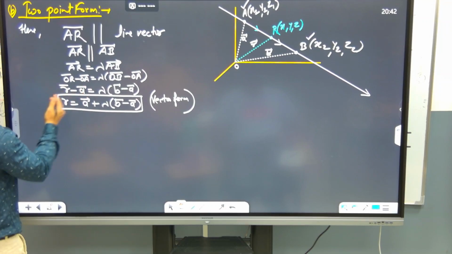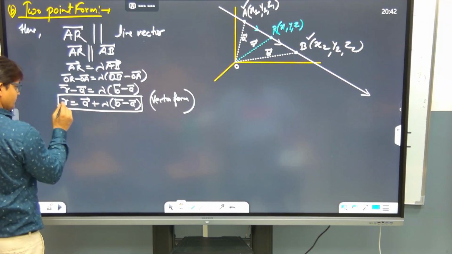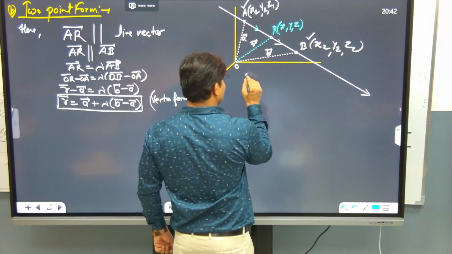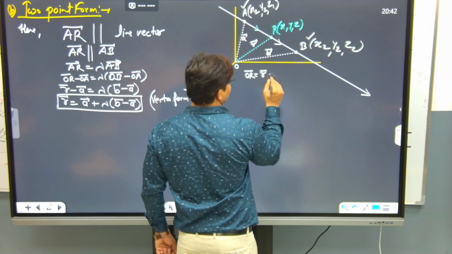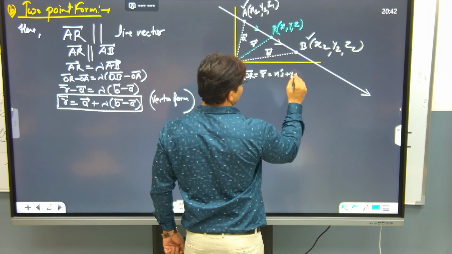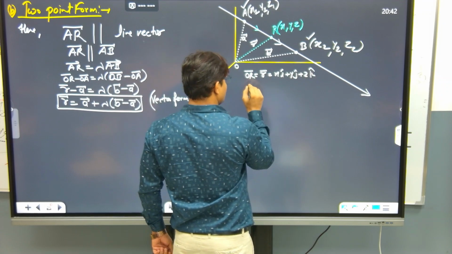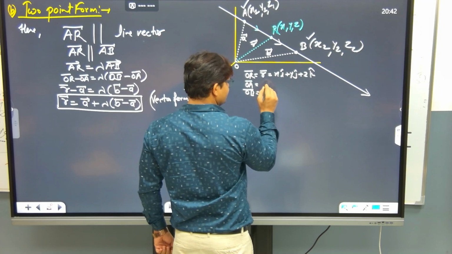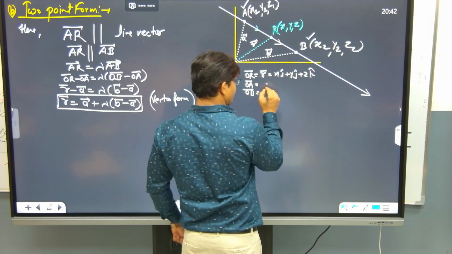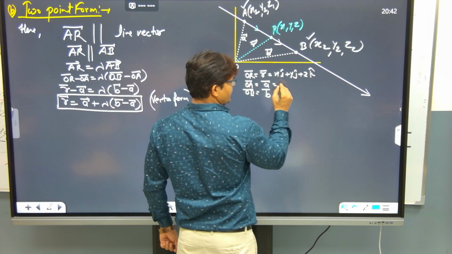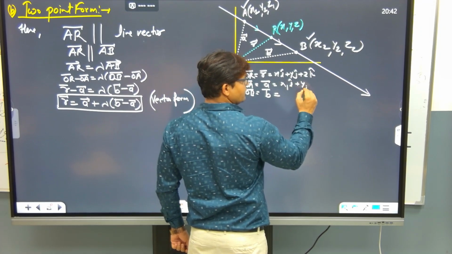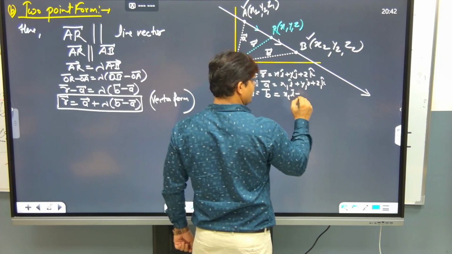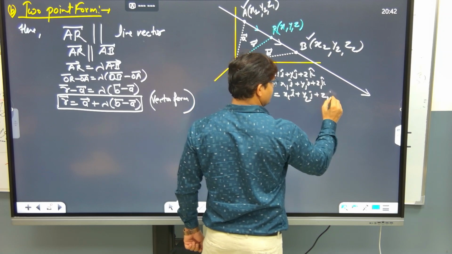Now, by using the same concept, we can put the value of the r vector, that is, r vector in terms of x i cap plus y j cap plus z k cap. The OA vector and OB vector, the two given vectors, small a and small b, are x1 i cap plus y1 j cap plus z1 k cap, and x2 i cap plus y2 j cap plus z2 k cap.